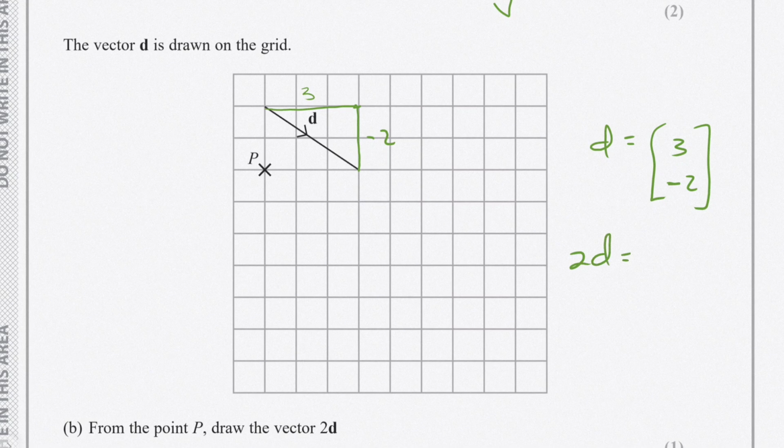So 2D is (6, negative 4). From point P, it will look like this: 6 to the x and negative 4 to the y. So we are going downward like that, exactly. So this is going to be vector D.